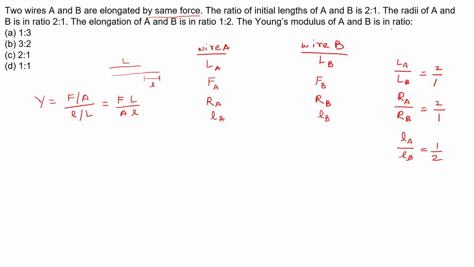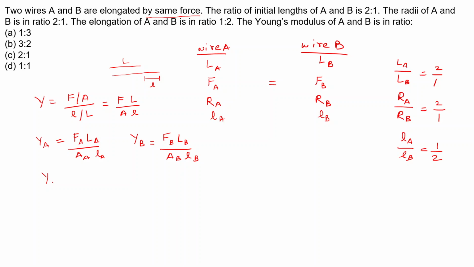So Young's modulus of A will be FA LA divided by the area of wire A and the change. Young's modulus for wire B is FB LB divided by AB and lB. Now, as was given, the force is the same. That means FA is equal to FB.